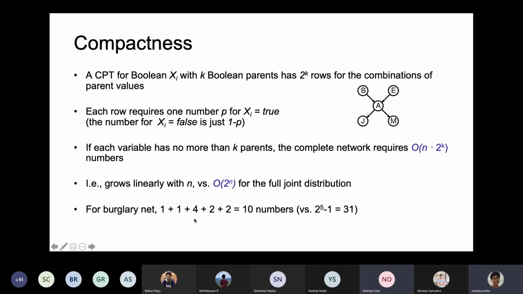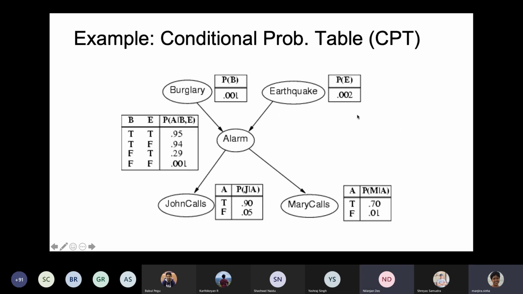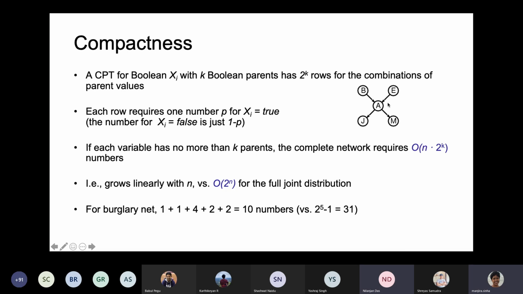So in total we only need 10 numbers in my CPTs. See, 1, 2, 2 plus 4 is 6, 6 plus 2 is 8, plus 2 is 10. Whereas for the 5 variables, if I had gone for the full joint probability distribution, that would be 2 to the power 5 minus 1, that is 31 numbers. So you can see, for large networks, of the order of hundreds or thousands of nodes, this reduces computation and makes it compact to a great extent.